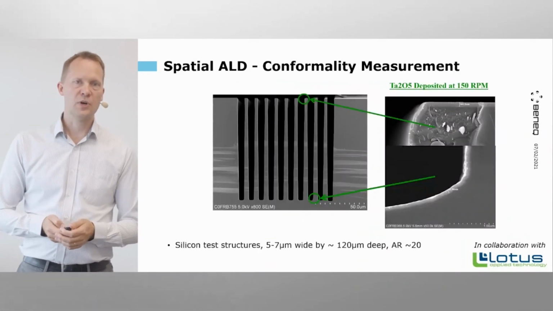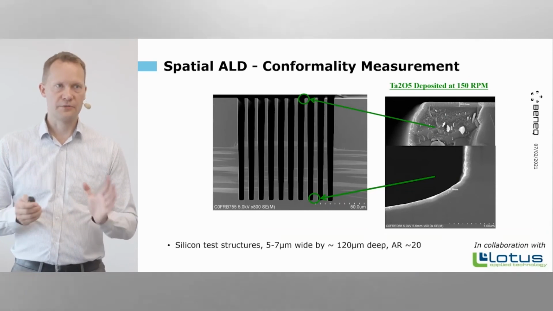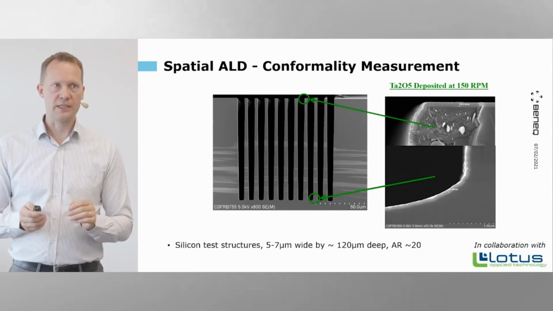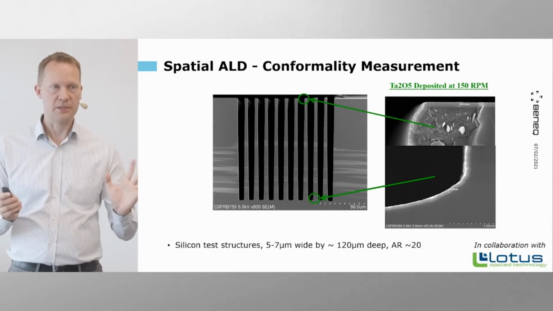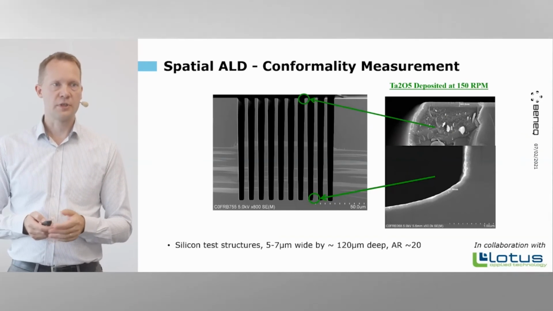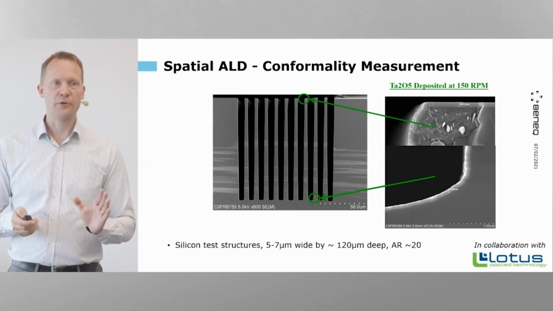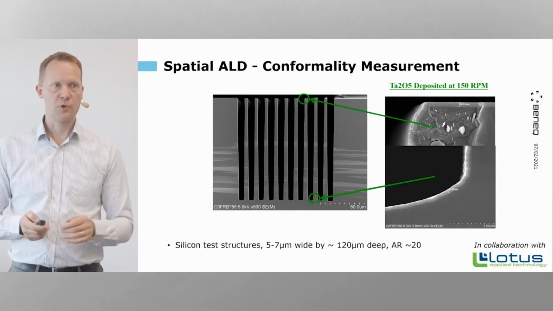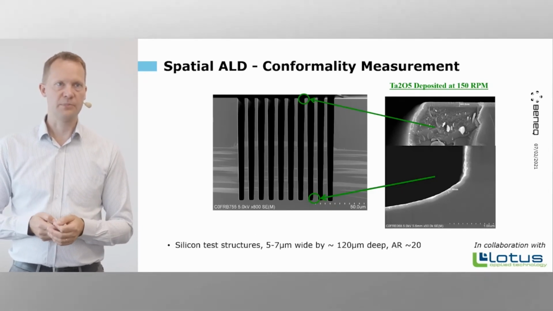And then the one big question here is that we have now learned that ALD is very conformal. It's kind of perfect for that. Here is a test structure with an aspect ratio of about 20, so 6 microns wide and 120 microns deep.